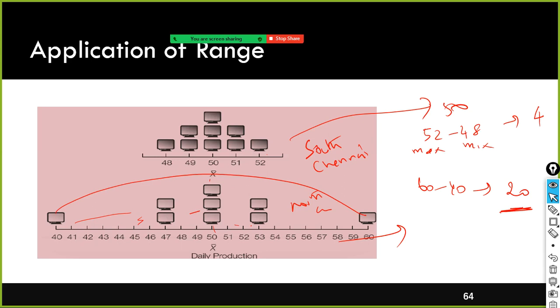That is one of the drawbacks of range. So in statistics, using range, we can obtain the difference between the maximum and minimum value. This value gives us an estimate of the spread of the data. Please remember this: range is computed by taking the difference between the maximum and minimum value.